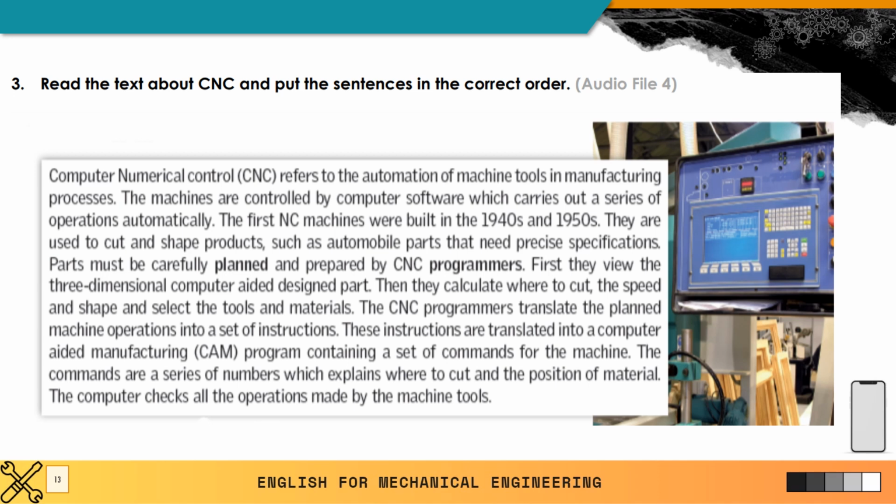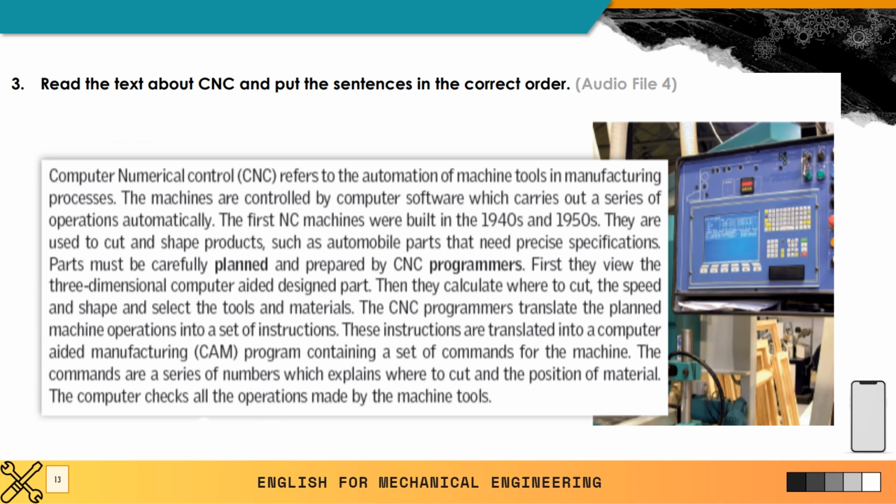The first NC machines were built in the 1940s and 1950s. They are used to cut and shape products such as automobile parts that need precise specifications. Parts must be carefully planned and prepared by CNC programmers.